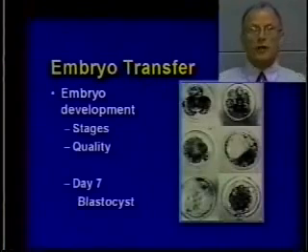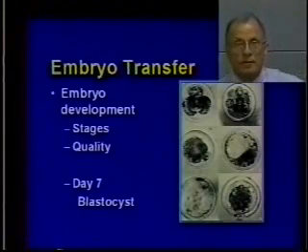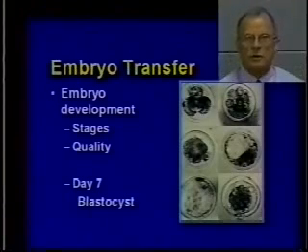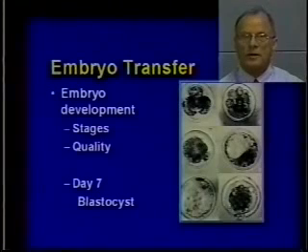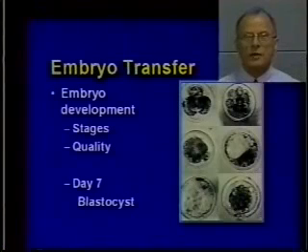Then the filter is taken to the laboratory and poured in a dish that can be searched, and the embryos are selected. We see here a little chart of embryos. There's a 4-cell embryo that you probably would see on day 3 of her cycle, and then progressively those 4 cells, which we call blastomeres, will divide, and each next generation of cells is half the size of the parent cell.